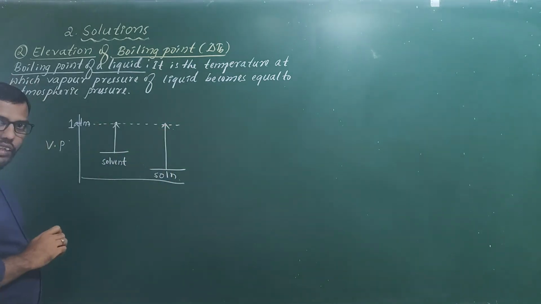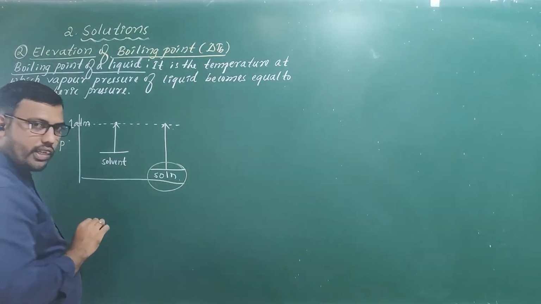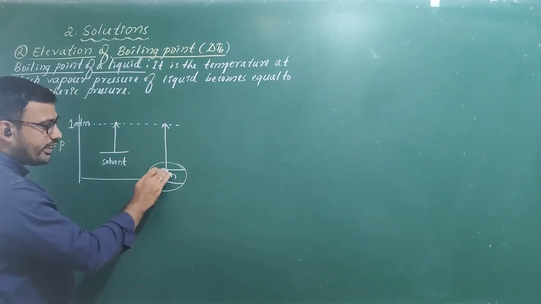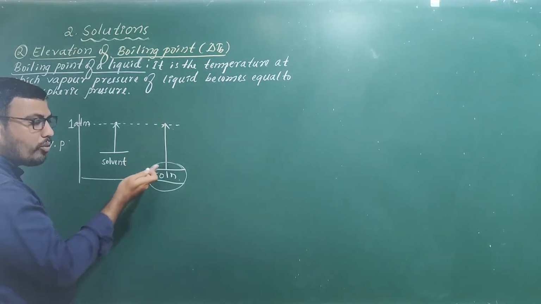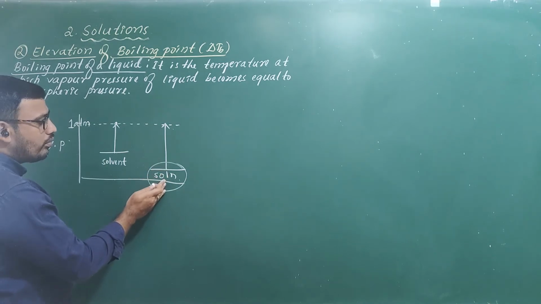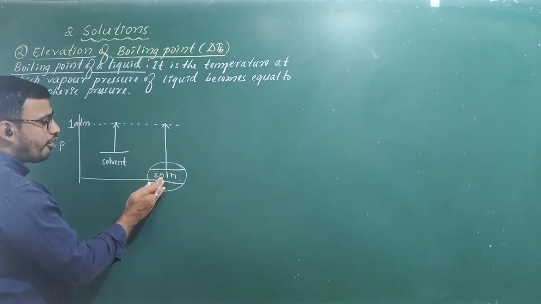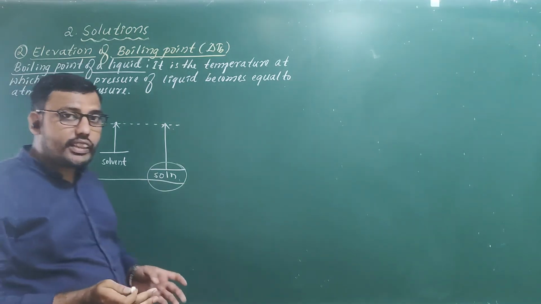Which one requires more temperature? Obviously the solution requires more temperature, because its vapor pressure is less. To increase the vapor pressure more and more, you need more and more temperature. In other words, to make the vapor pressure of the solution reach atmospheric pressure, more temperature is required.